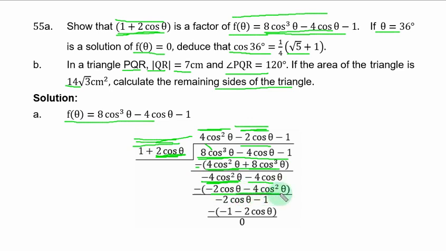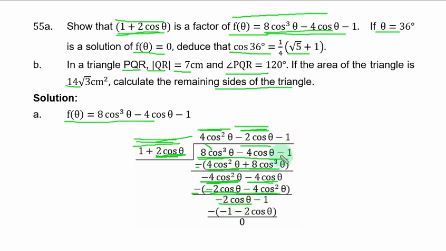Next thing is to subtract again. So minus this minus this is 0. The effect of the minus sign we make here to be plus. So you have minus 4 cos theta plus 2 cos theta, and that is minus 2 cos theta.